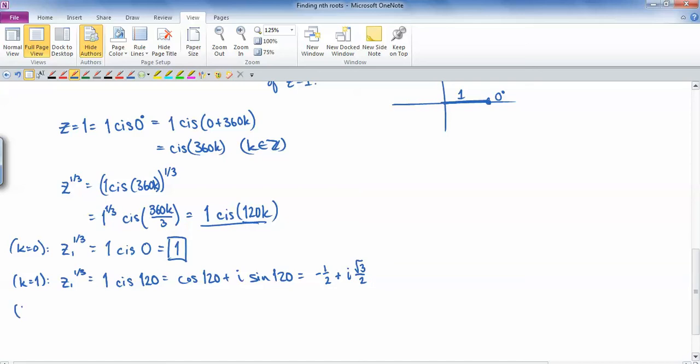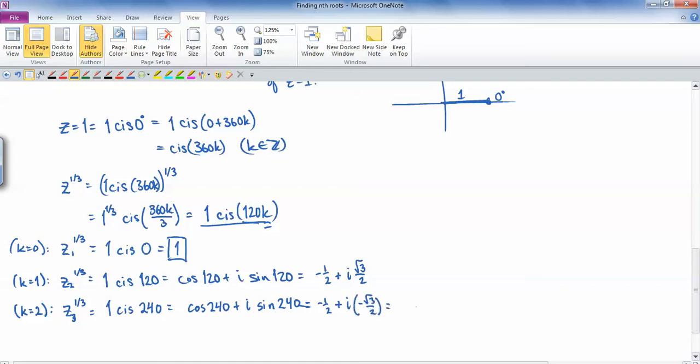And then if we said, well, let's keep going, what about when k equals 2? That's z sub 2, sorry, that's a 2, and this is a 3, 1/3, equals 1 CIS, and then I plug in a 2 for the k, and I get 240. So this is going to be cos 240 plus I sine 240. Cos 240 is also negative 1/2. And sine 240 is negative √3/2.